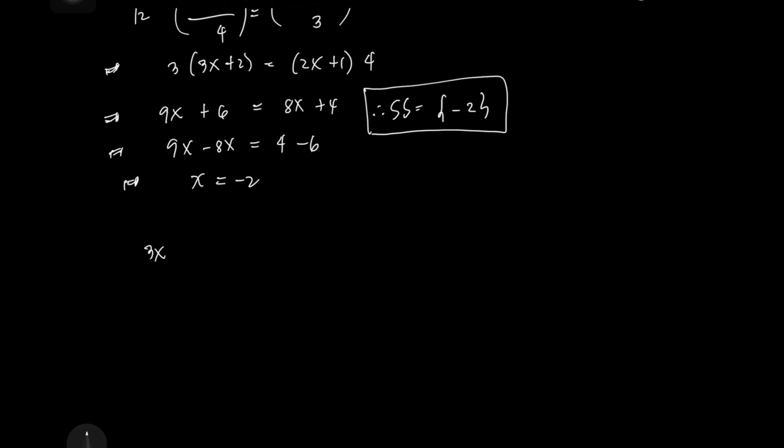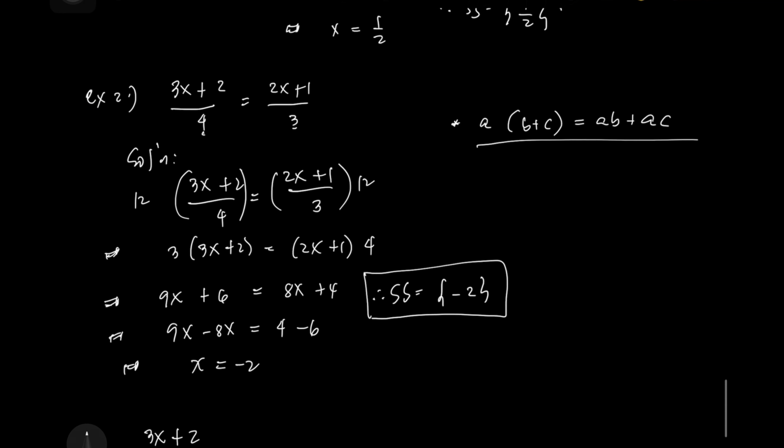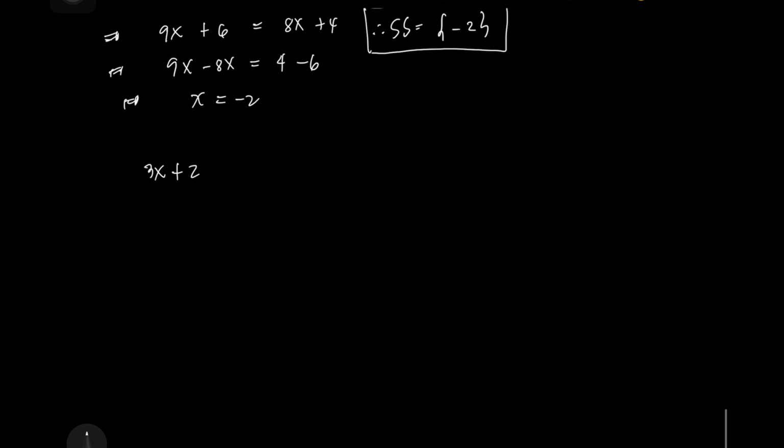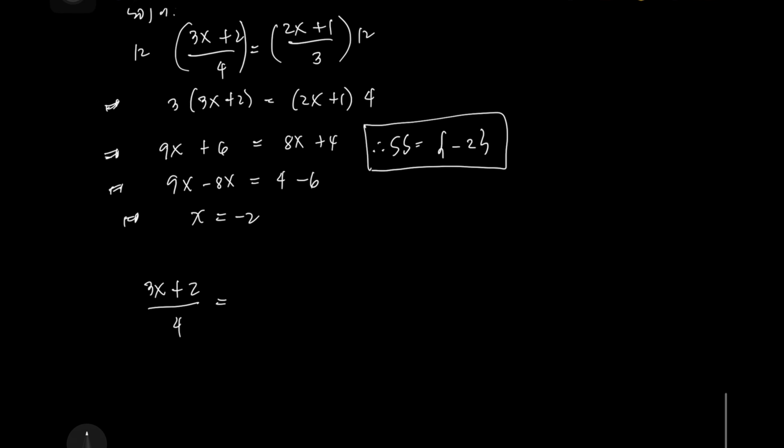Take our previous example again, (3x plus 2) over 4 equals (2x plus 1) over 3. If finding the LCD is too messy for you, you can just eliminate the denominators one by one by applying the multiplication property of equality.